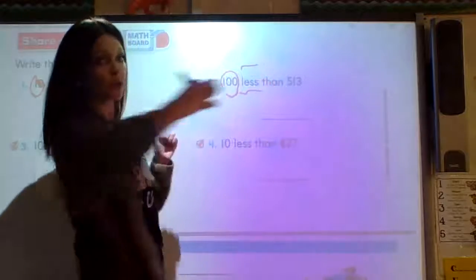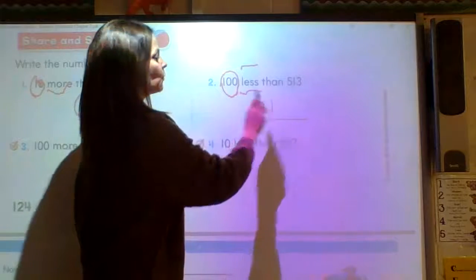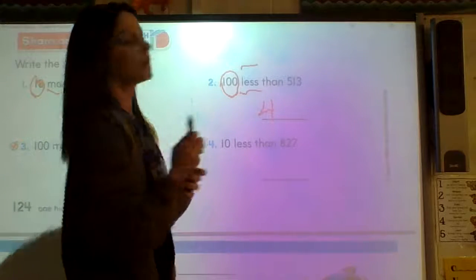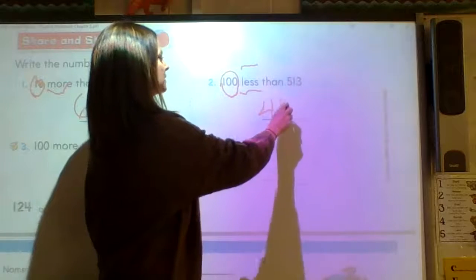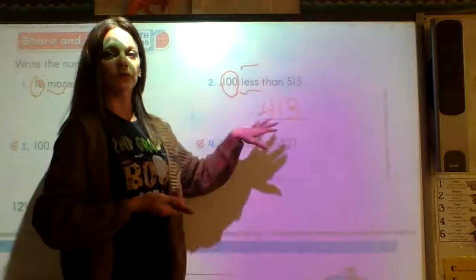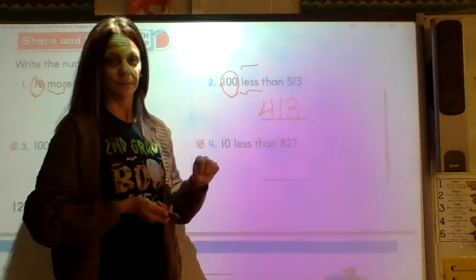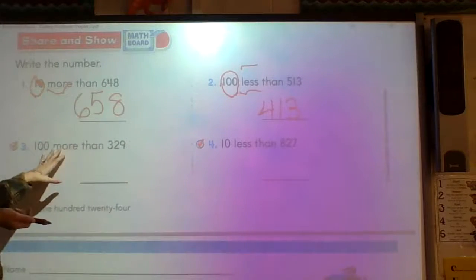So I'm going to take one of those hundreds away. And my 5 is now a 4. Did I do anything to my 10s or 1s? No, I did not. So it's still 13 right here. 413.